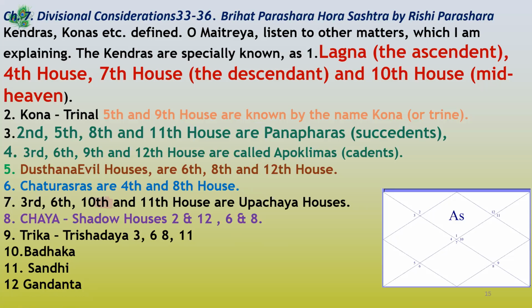And it means that each house has, it's like a key. It's not just enough to have, hey, I've got an exalted moon in my 4th house. Superb, because the Karaka of the 4th house is the moon itself.